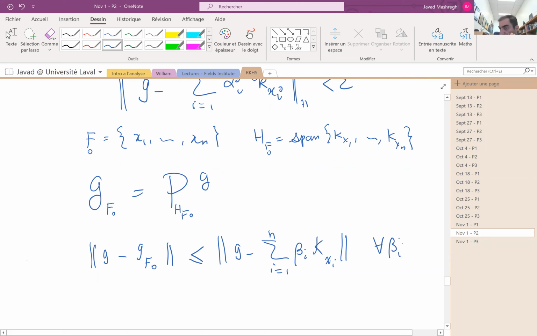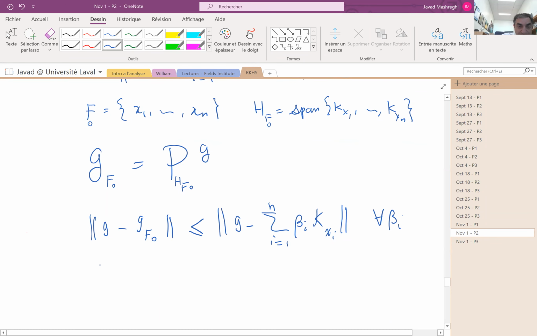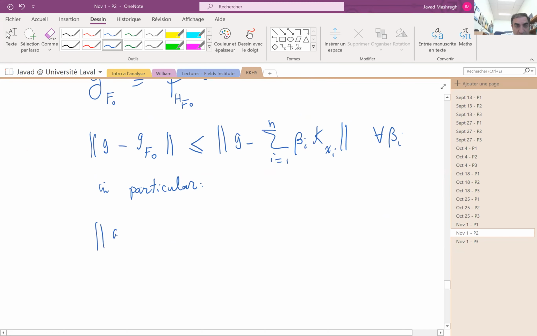That's the meaning hidden in the meaning of projection. In particular, the norm of g minus g_{F0} is less than or equal to the one with alpha i, which is less than epsilon.